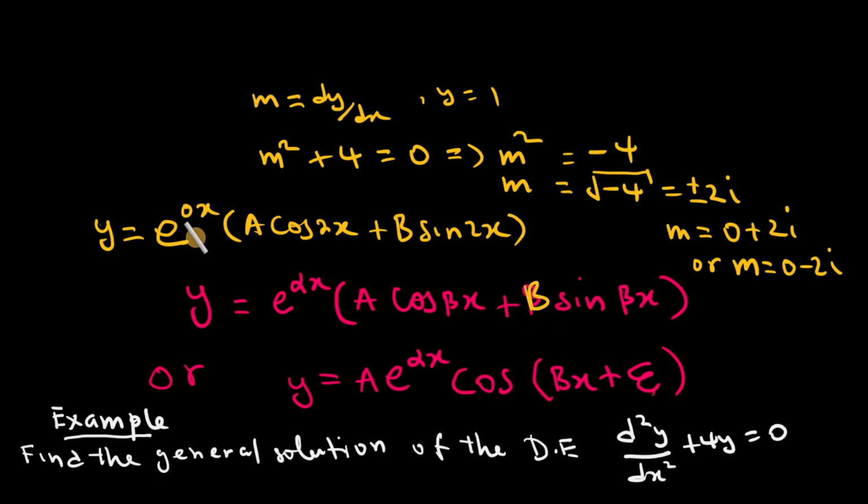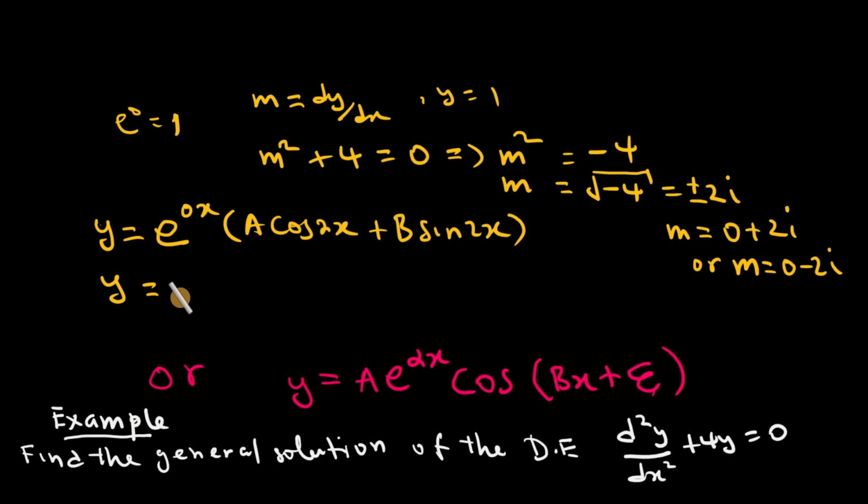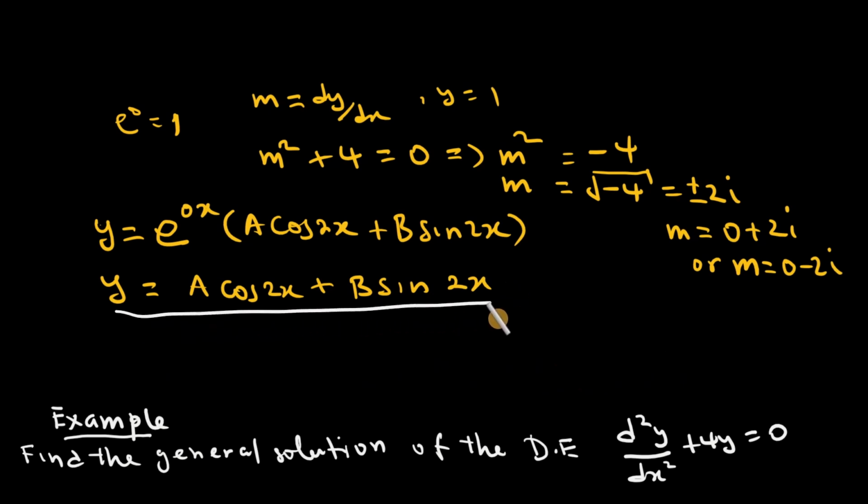Now 0 times x is 0, e to the 0 is 1, so it means the general solution is y equals a cos 2x plus b sine 2x. So this is the general solution of this differential equation.